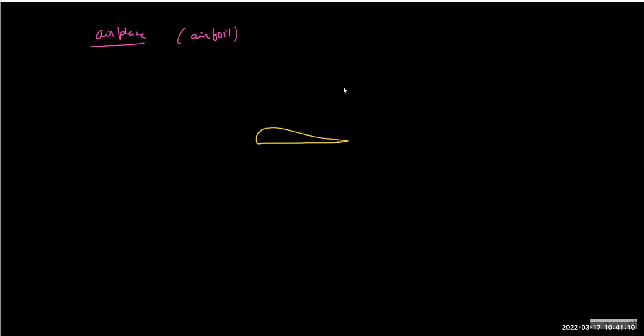The streamlines are going to be pretty simple. Below it will be almost undisturbed, and above, the streamlines will be leaving the surface and then bending like this.